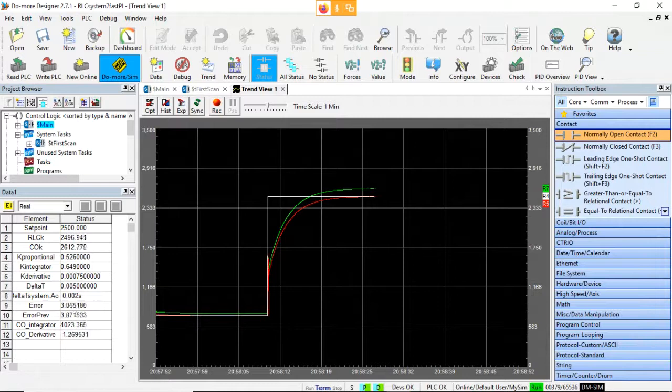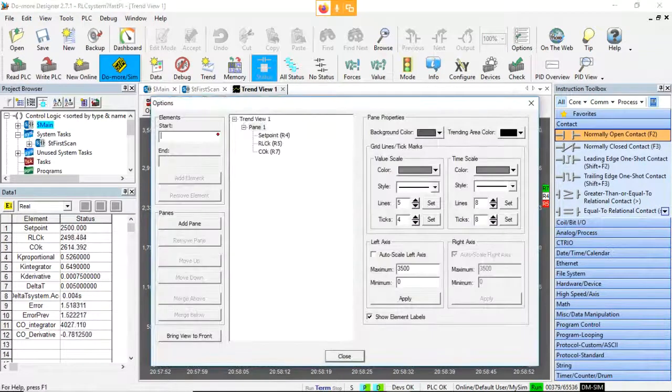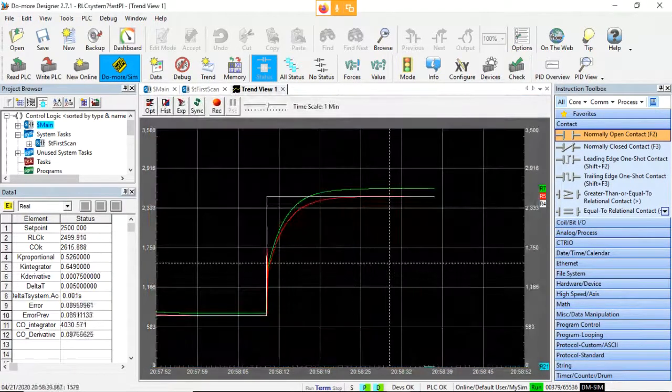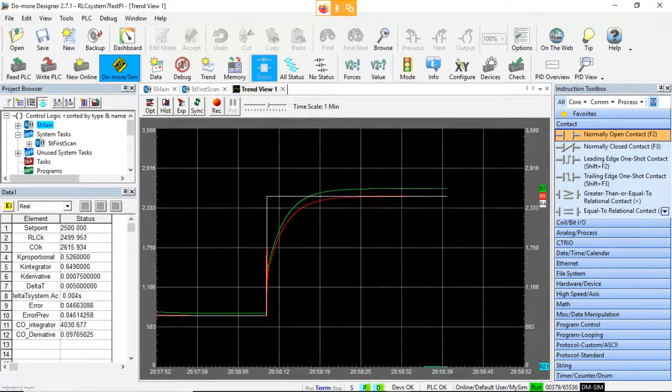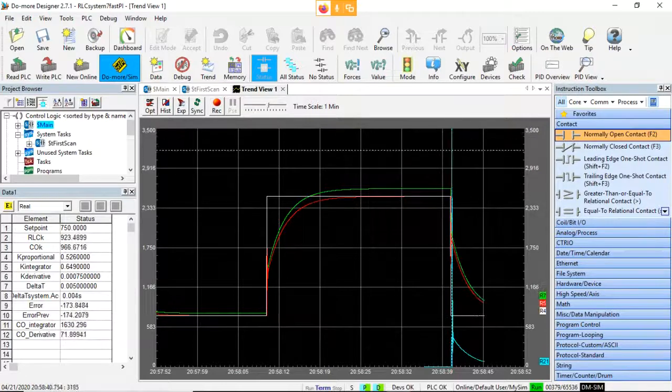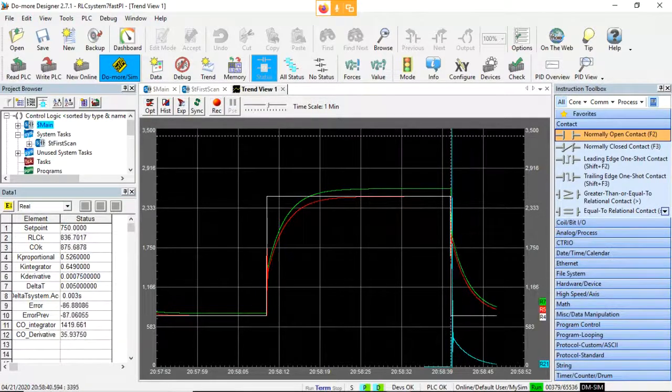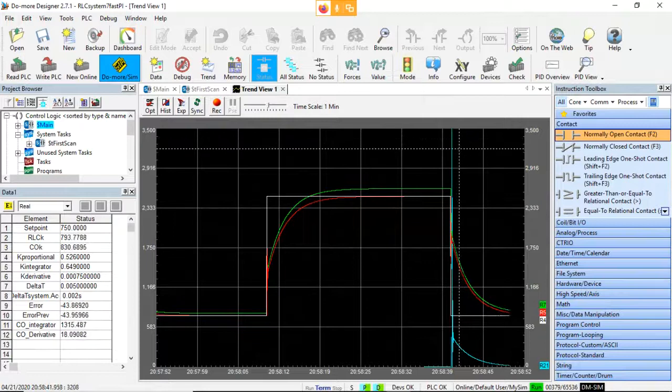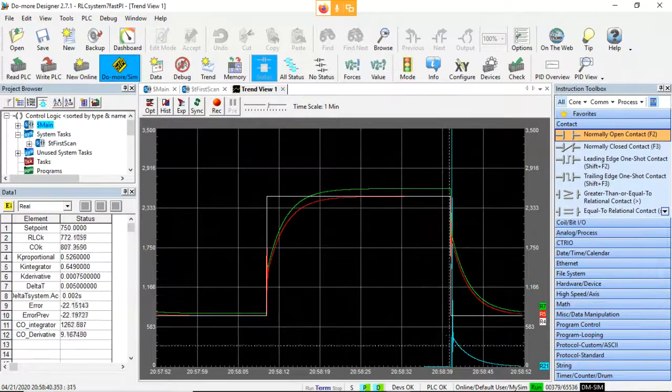Let's come over here to our trend, and I'm just going to go ahead and add the derivative piece so we can see that. So that one is this R21, and you can see that cyan color just jumped off the screen because the change was so drastic, right?